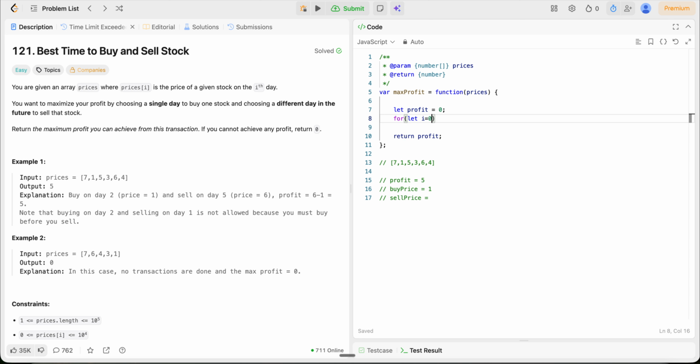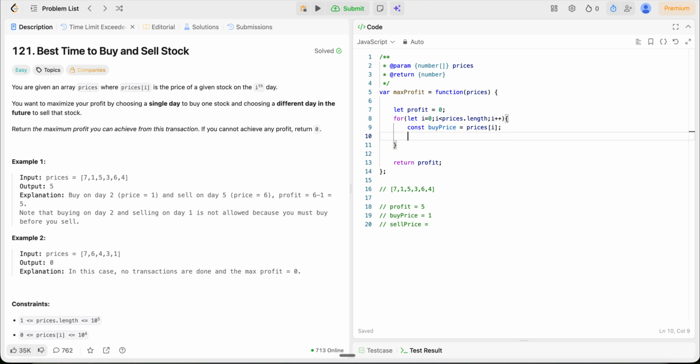Let i equal to 0, i less than prices.length, i plus plus. const buyPrice is what I am fixing currently.